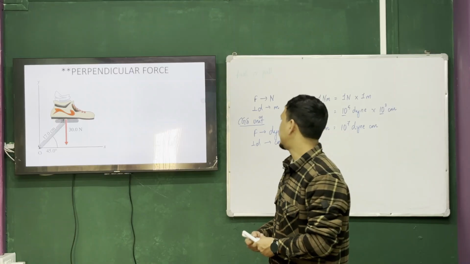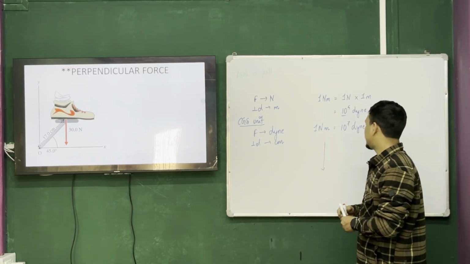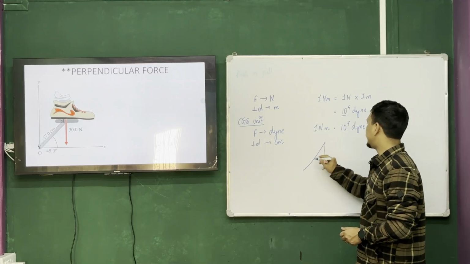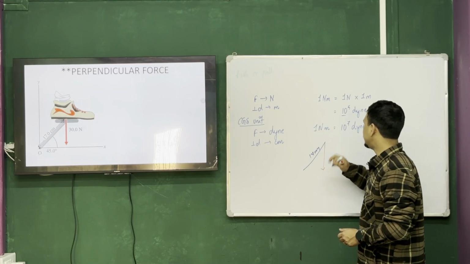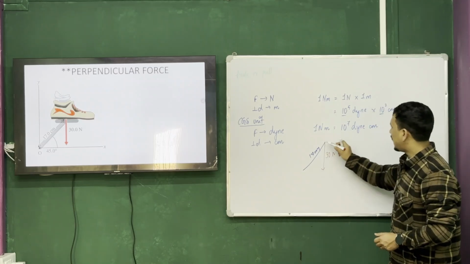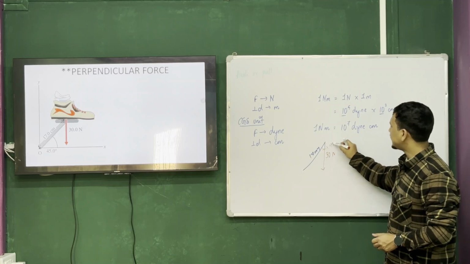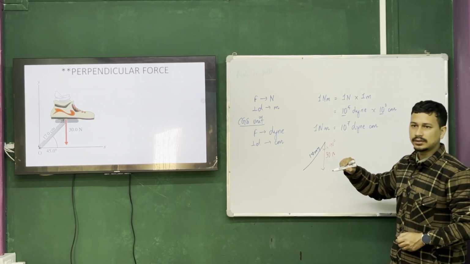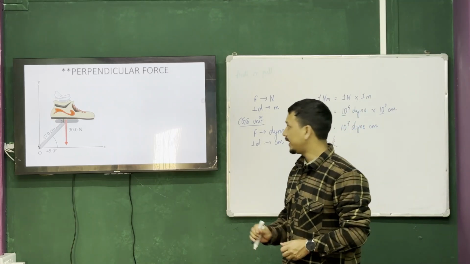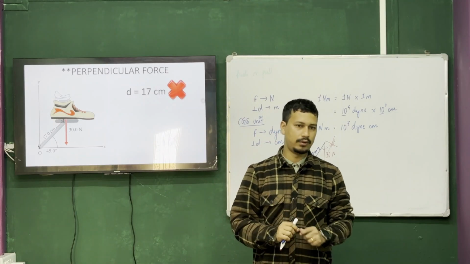No. See, this is the direction of the force and this is the distance that we are measuring. This is 17 centimeter and this is the force, 30 Newton. Is the distance perpendicular to the force? Is this angle 90 degrees in any way? No. So the distance is clearly not perpendicular. If you're saying 17 is the perpendicular distance, it will be wrong.